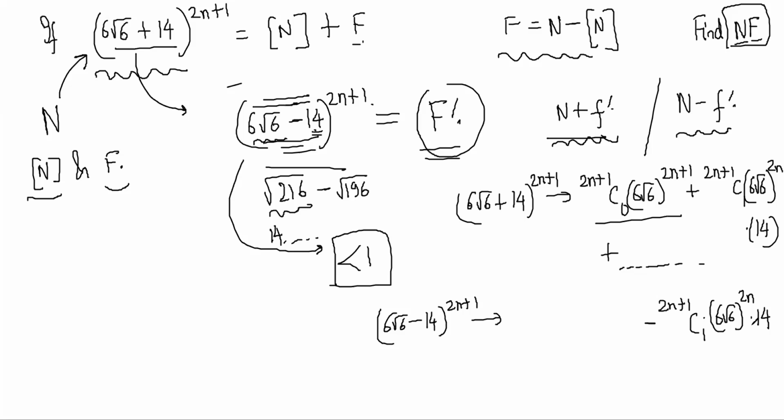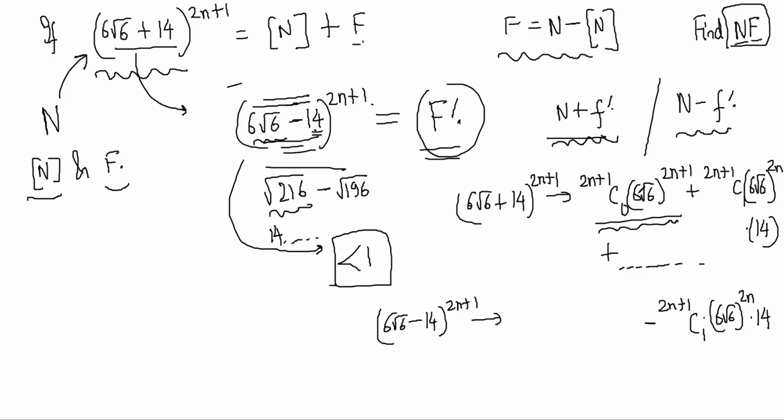So actually, what I want to do is subtract here. Why subtract? Because if I add, the first term, third term, fifth term will remain. If the first term remains, then root 6 has an odd power on top of it.